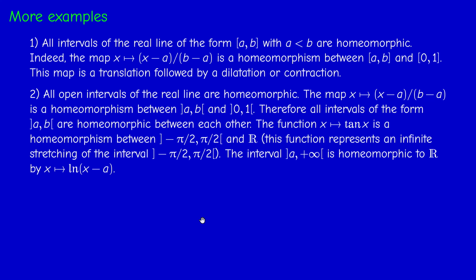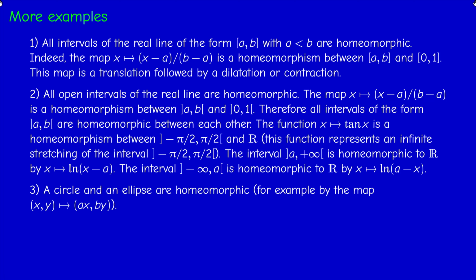So all these intervals (a, b), (a, +infinity), (-infinity, a), because (-infinity, a) by symmetry is homeomorphic to the whole line, all these open intervals, bounded or unbounded, are homeomorphic together. So (0, 1), (0, infinity), (-infinity, 0) are all homeomorphic by very simple formulas.